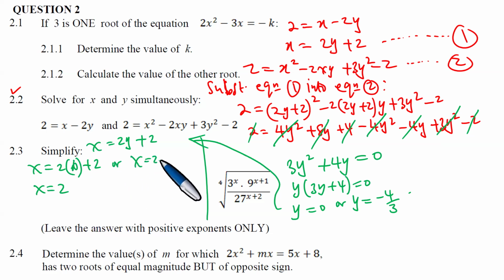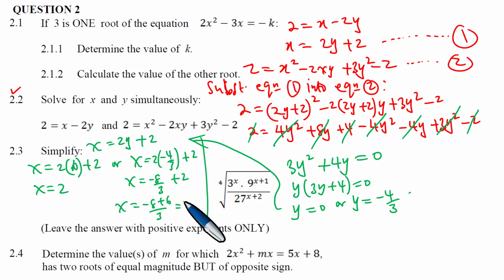So x equals 2. Then x is 2y plus 2, but y is minus 4 over 3. Minus 8 over 3 plus 2, which is exactly minus 8 plus 6 over 3. What is minus 8 plus 6? It's minus 2 over 3.